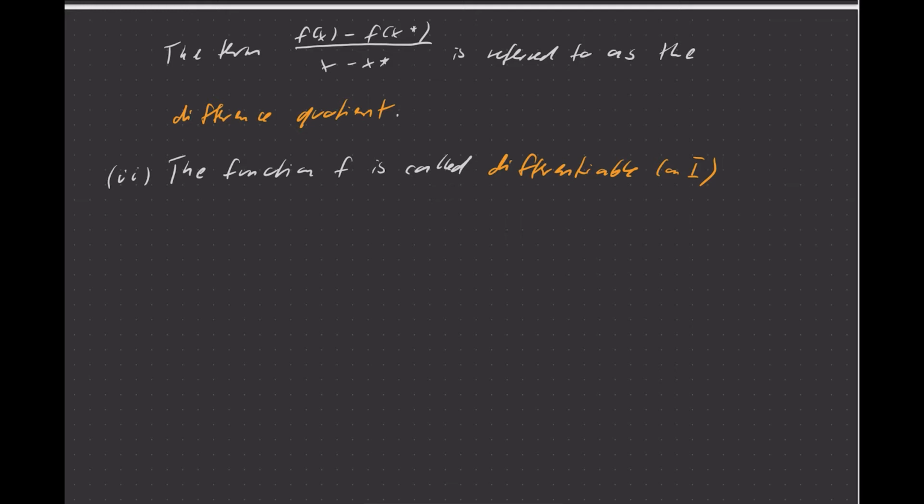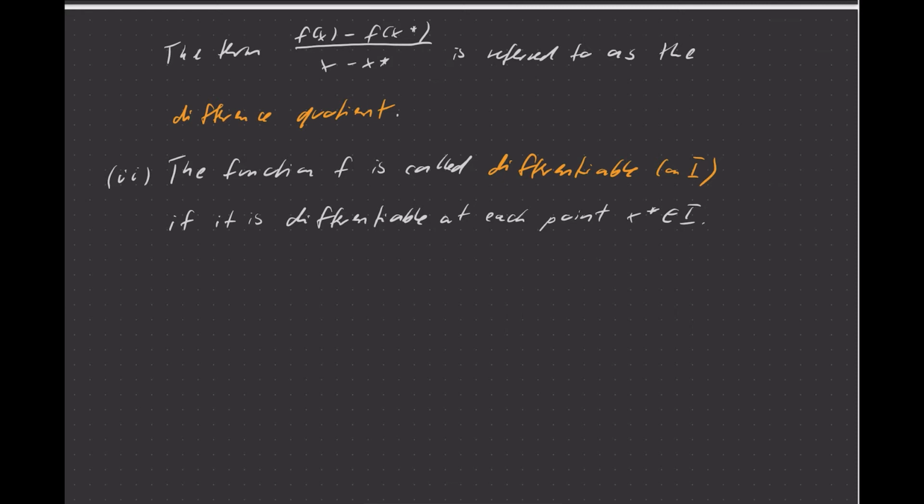So we call it differentiable on some subset. Okay, so the function is called differentiable on I, or just differentiable, if it is differentiable at each point x star in I.